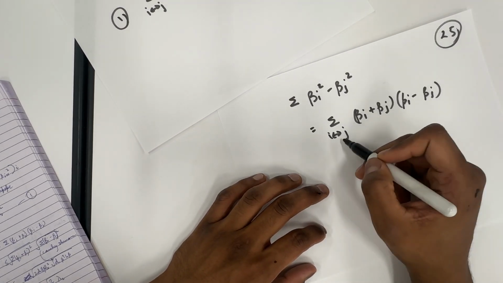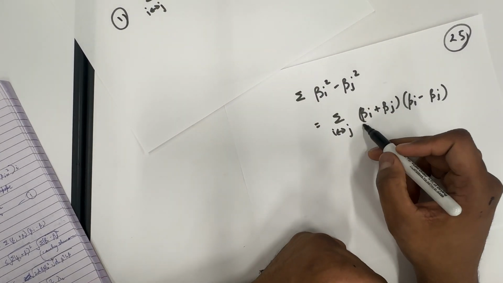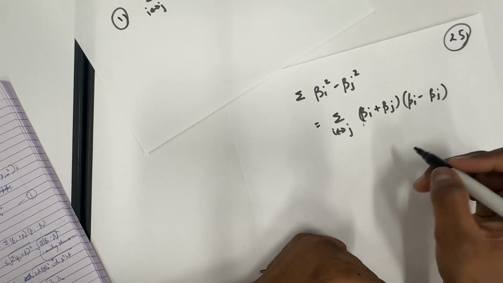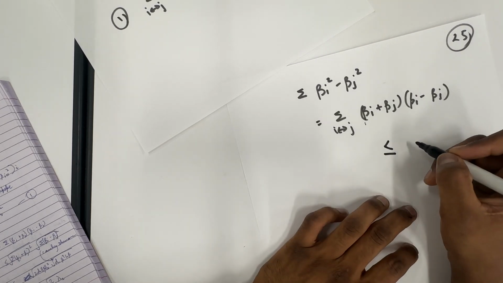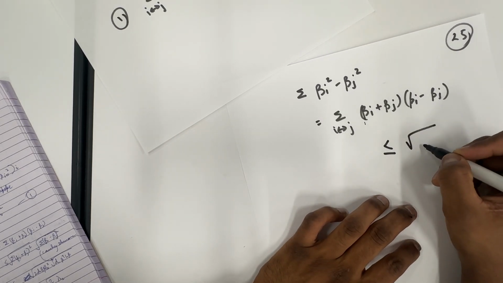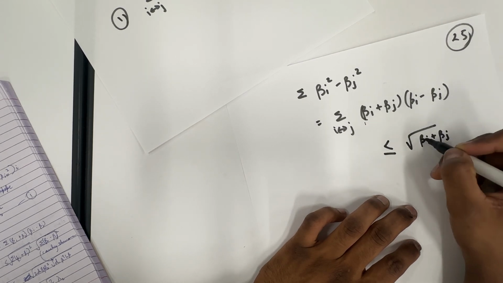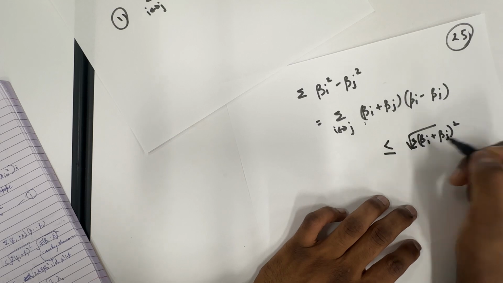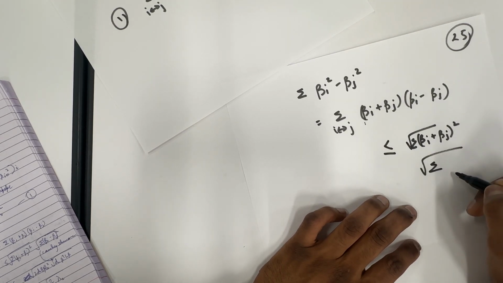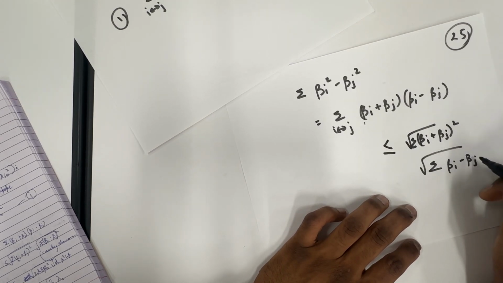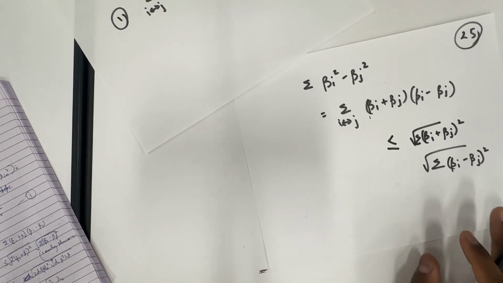If I look at this as a sum over ij, this is an inner product of these two, which is always less than the square root of the sum of beta i plus beta j whole squared, times the square root of the sum of beta i minus beta j whole squared.